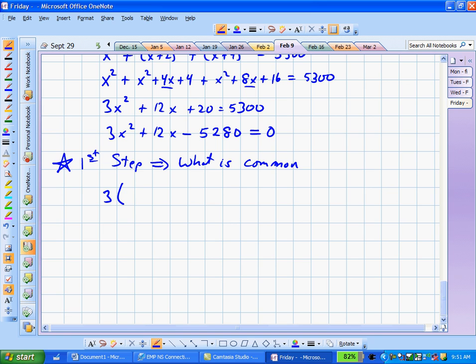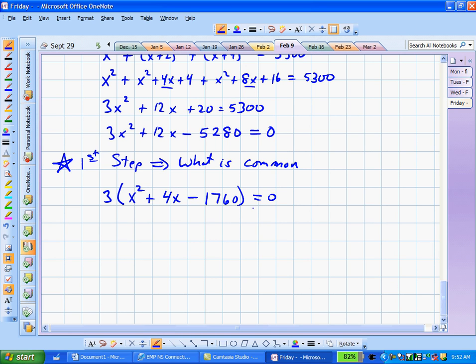So we can pull out a 3. And we'll have 3 times x squared plus 4x minus 1760 equals 0.